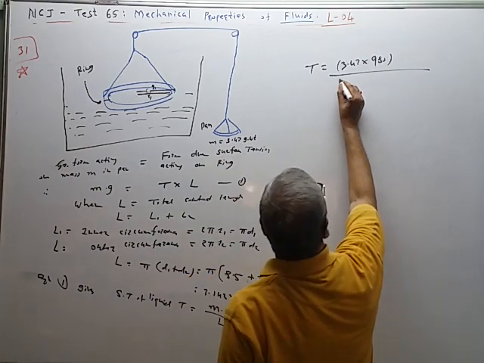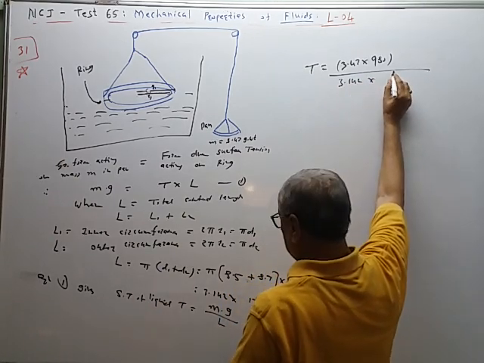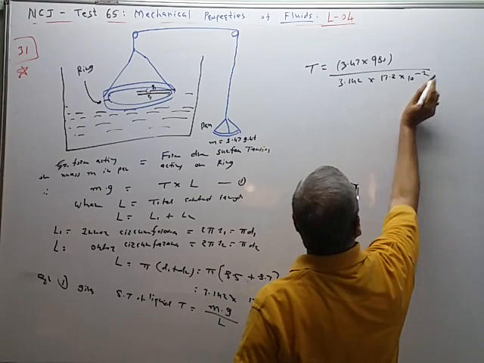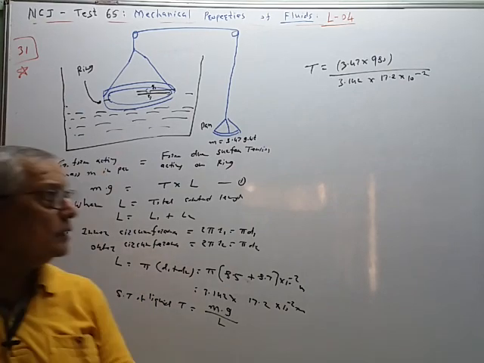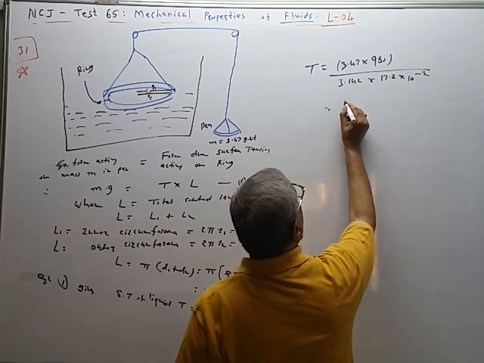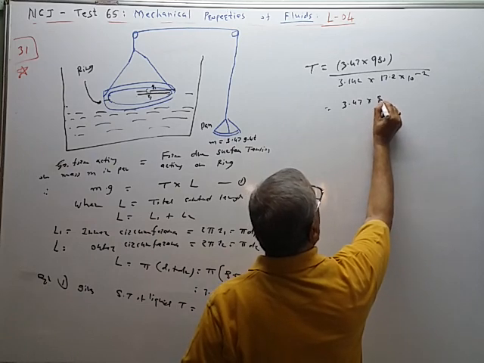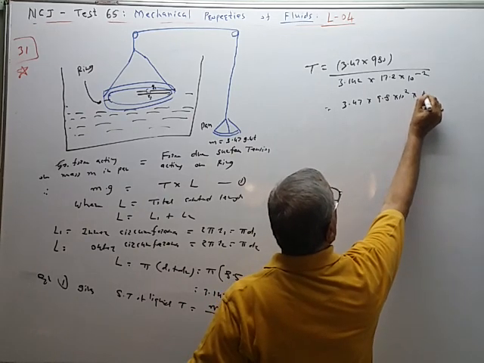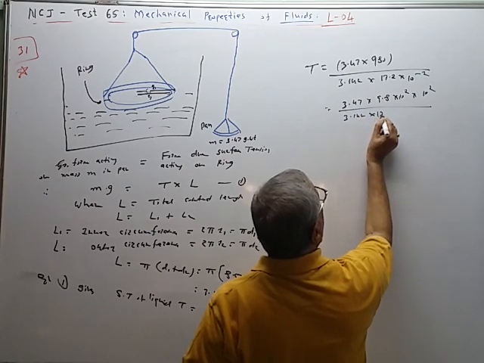So 3.142 into 17.2 into 10 raised to minus 2, like this. So the answer will be nearly 3.47 into 9.8 into 10 raised to 2, minus 2 convert to 10 raised to 2 upon 3.142 multiplied by 17.2.